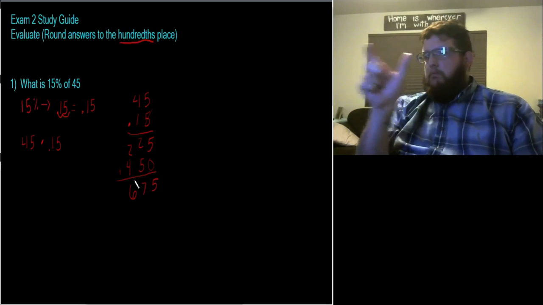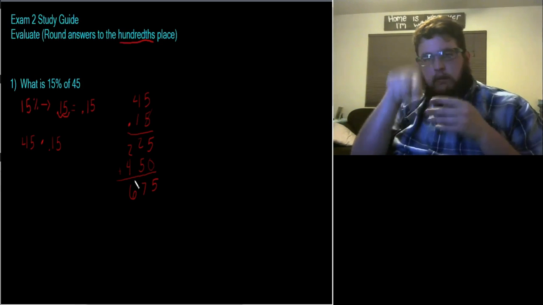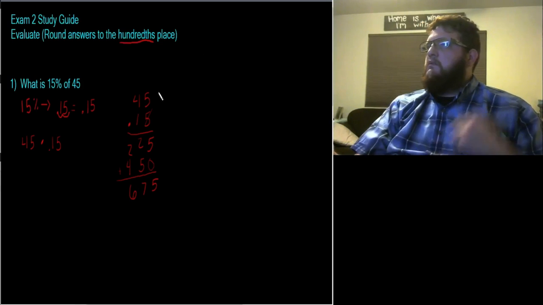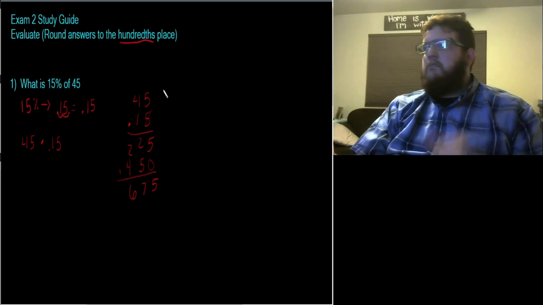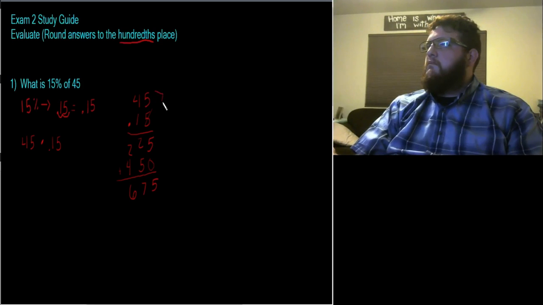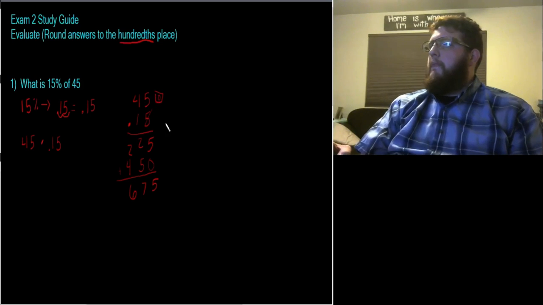But I'm not done here. I have to first count how many decimal places I had in my multiplication problem. There are no decimal places present in the 45, but we do have 2 present in 0.15. That means that my end result, 675, I'll have to move the decimal point over 2 times to the left.